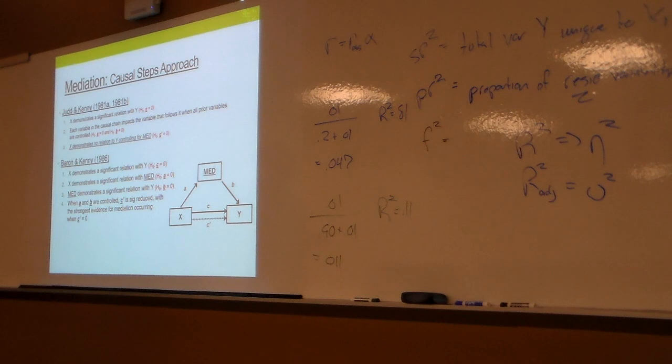Again, my mood today and eye color in China aren't probably related, so no reason to look at a mediator for that association. So we need an association there, and then we need to demonstrate that X has an association with my mediator. Why is this important? Why do I need to demonstrate that X has a relation with my mediator?